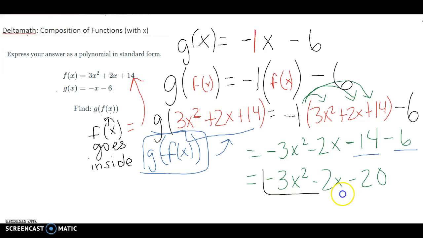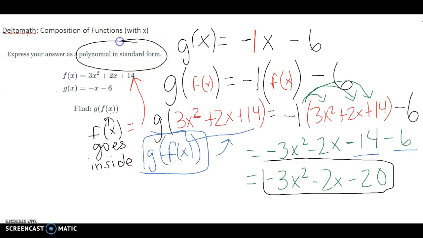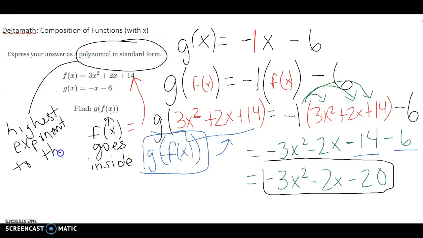Notice that Deltamath asks us to put the polynomial in standard form. Remember that standard form is the highest exponent to the lowest exponent.